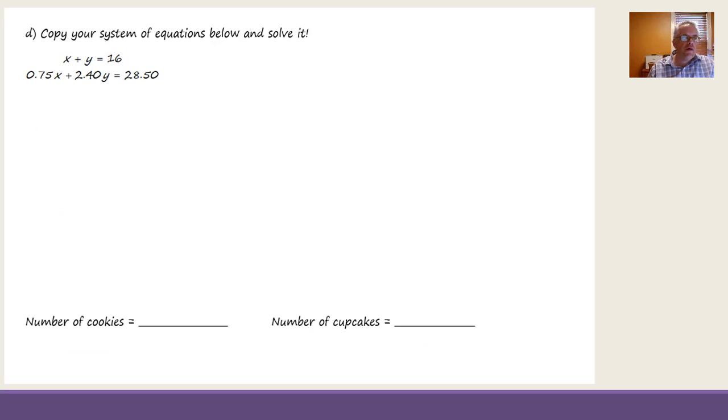We can go about solving them. We were already good at this. We can just use the method of elimination. So I'm going to multiply the first equation by 0.75. And we get 0.75x plus 0.75y equals 0.75 times 16, which is 12. And then I'm just going to copy the second equation.